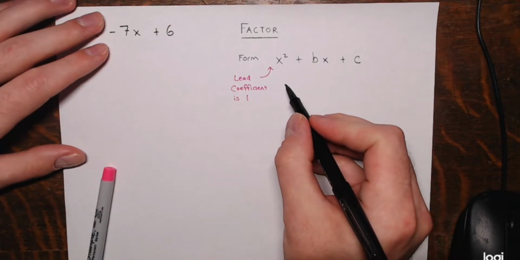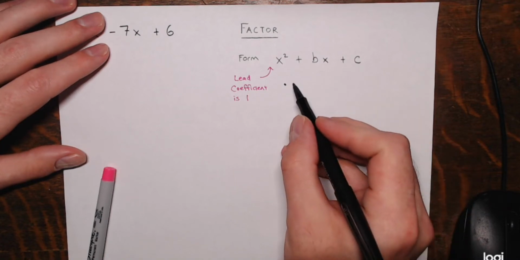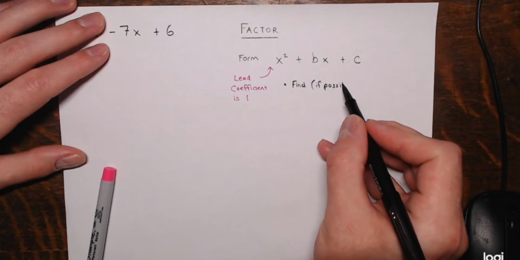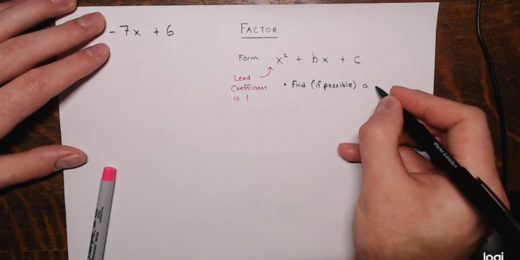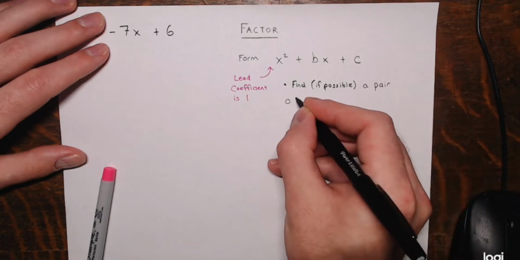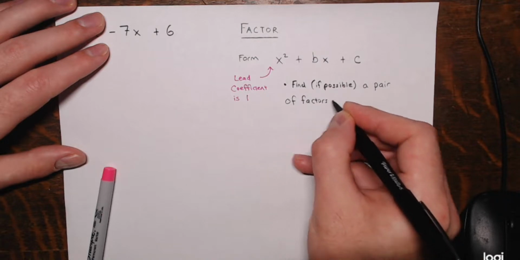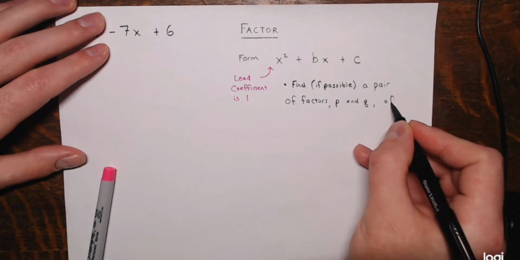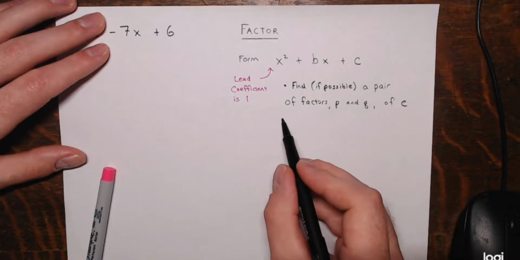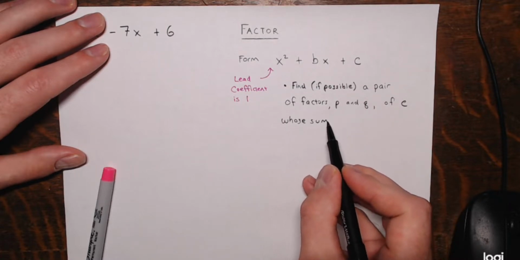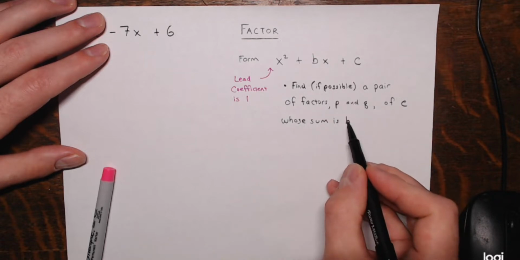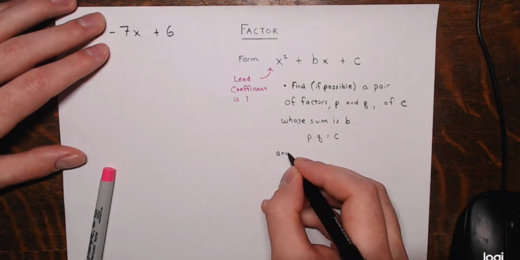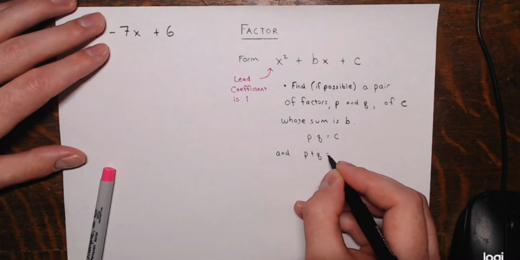So first step, all you need to do is find, if possible, a pair of factors, I'll call them p and q, a pair of factors of c, the constant term, whose sum is b, the linear coefficient, meaning that p times q equals c, and at the same time p plus q equals b.